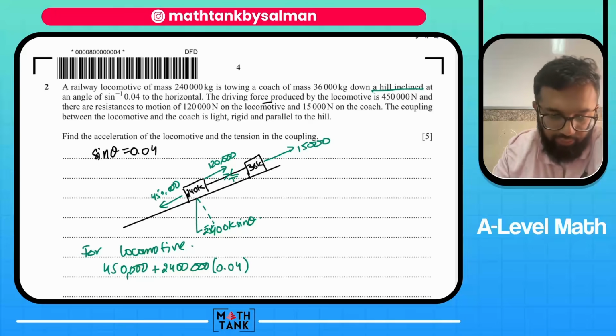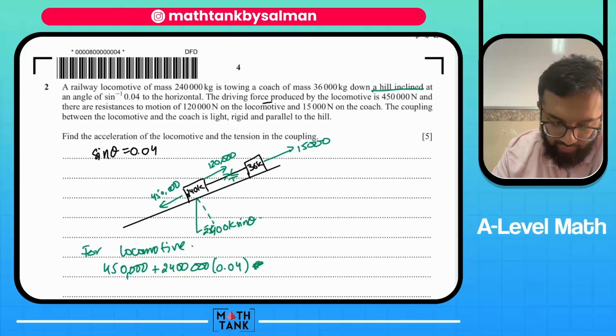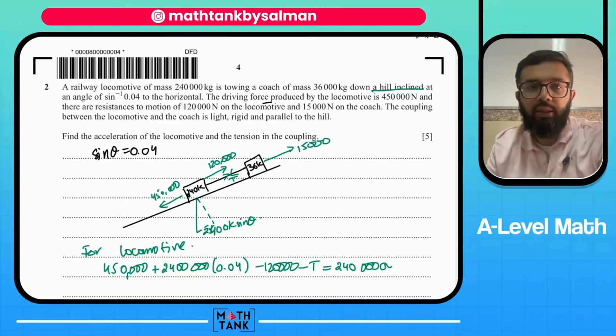Those two things are driving the locomotive. And what is resisting it? There's 120,000 in the resistance, and then there's tension as well. So 240,000 a, F equals ma basically.